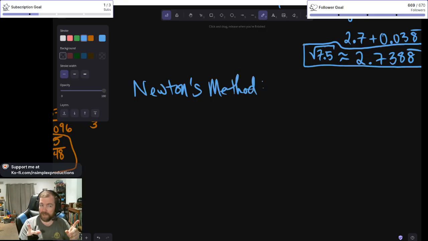So yes, Isaac Newton came up with this idea to get values which are successively closer on each iteration in order to make sure that we get more and more accurate values.